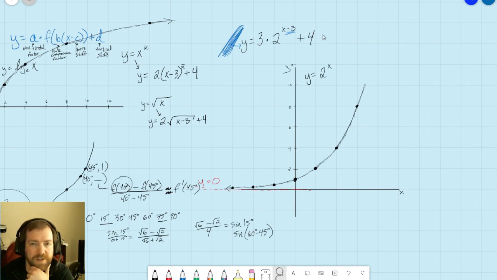But then we also have this value here, which is going to take all of our function's outputs and just move them up 4. So our 0 value in this particular case is the asymptote, y equals 0. So our 0 value of y equals 0 is going to get shifted up 4 spaces. So then we're going to have an asymptote here at y equals 4.